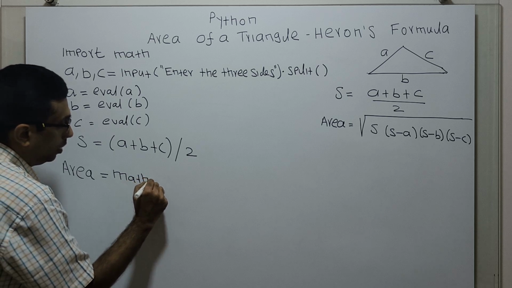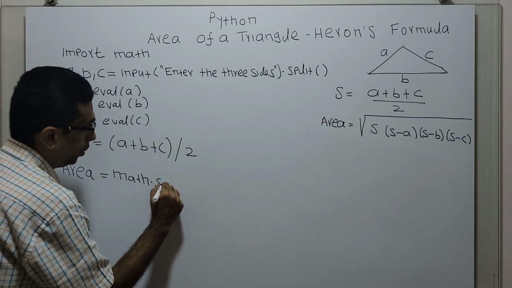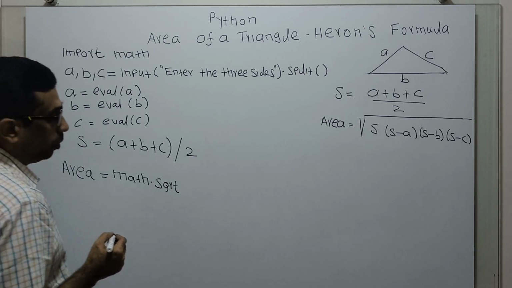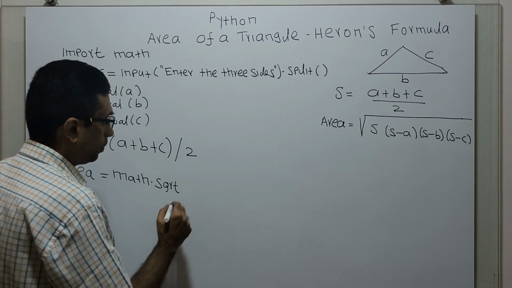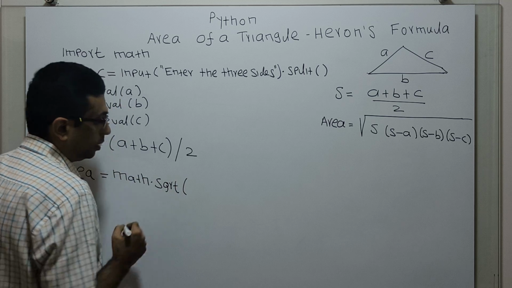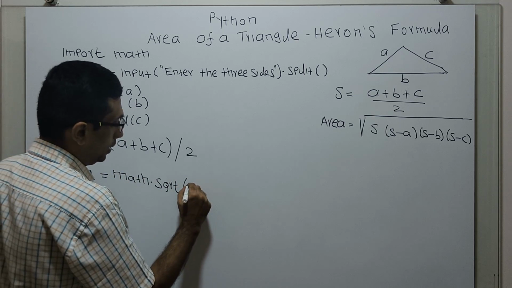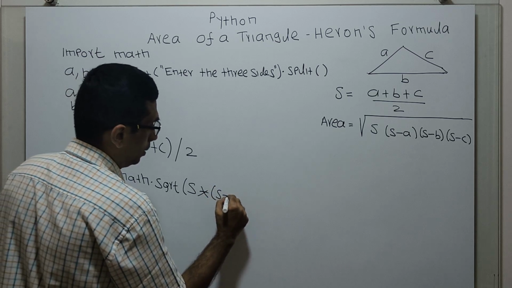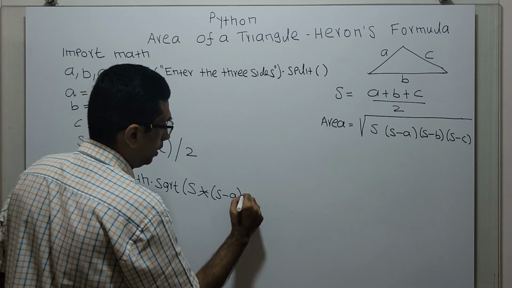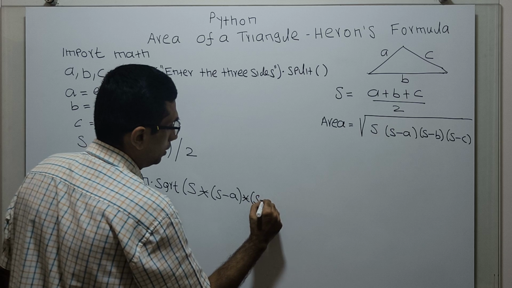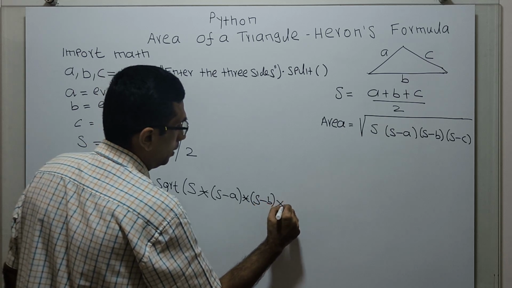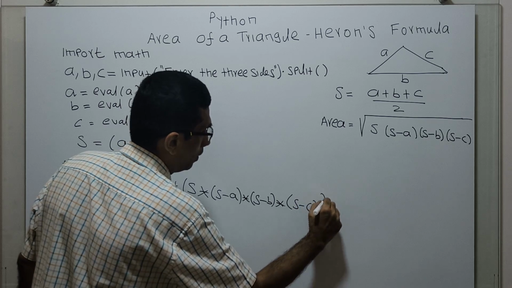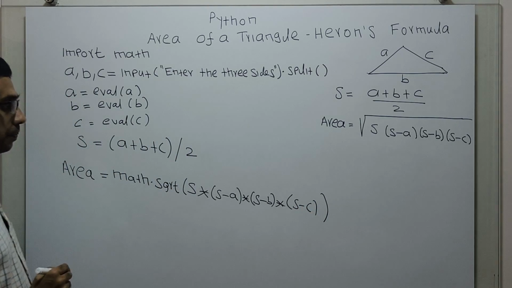From the math module, I am accessing sqrt, a function which calculates the square root of the value passed inside it. sqrt of S multiplied with S minus A multiplied with S minus B multiplied with S minus C. Now I am closing the sqrt function.